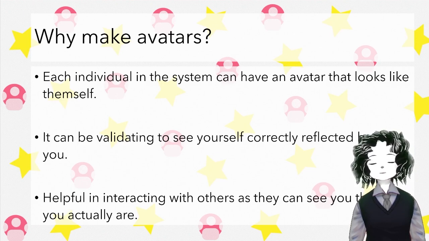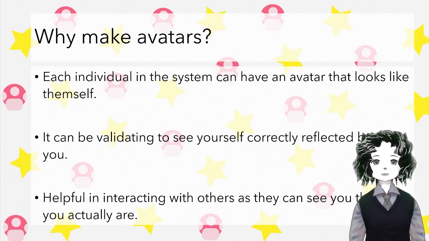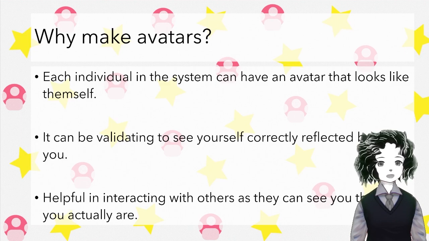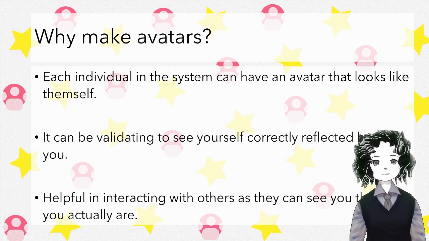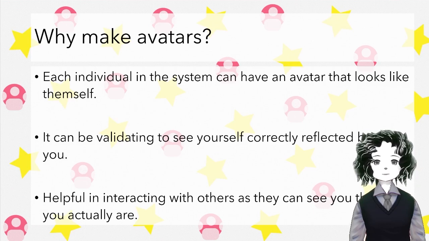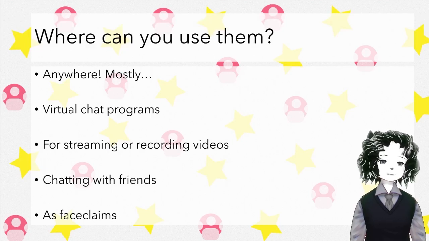Because it is really cool to be able to see yourself the way that you see yourself internally. And also that way when people are interacting with you all, they can literally see that you all look different, because as you all know, when you share a body, it is very difficult to do that. There are some things that help, but especially for singlets, I think that they have a really rough time understanding the differences.